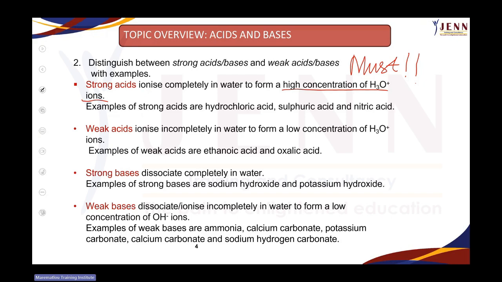It's a substance that ionizes completely, and it produces a high concentration of hydronium ions. Some of us are lazy. We do not want to study. At least learn what a strong acid is. Learn what a strong base is. Because the opposite of a strong acid and a strong base is a weak acid and a weak base.